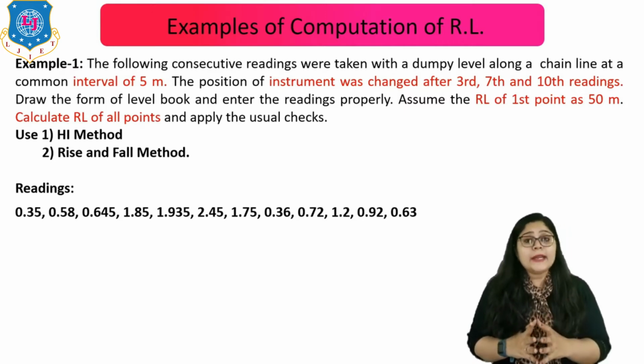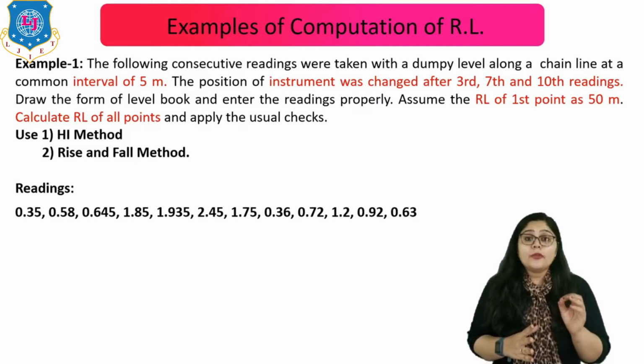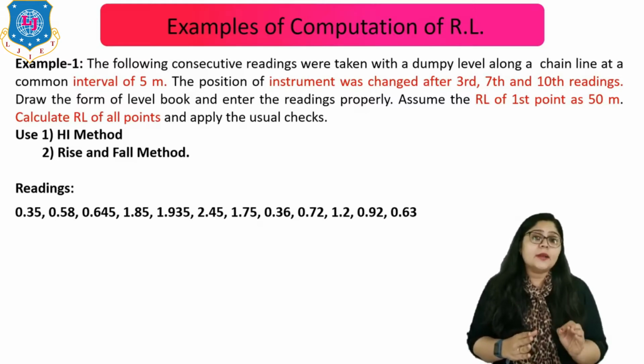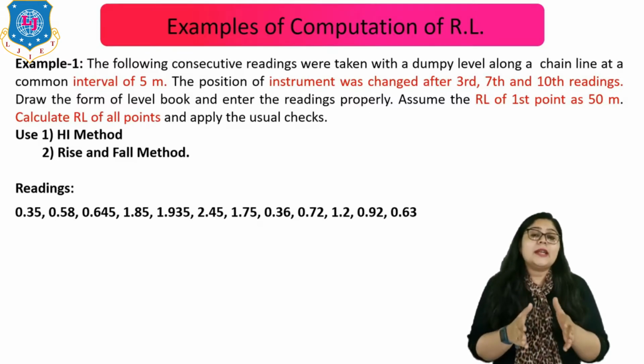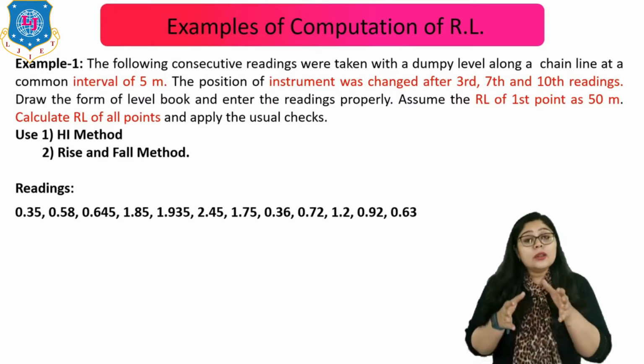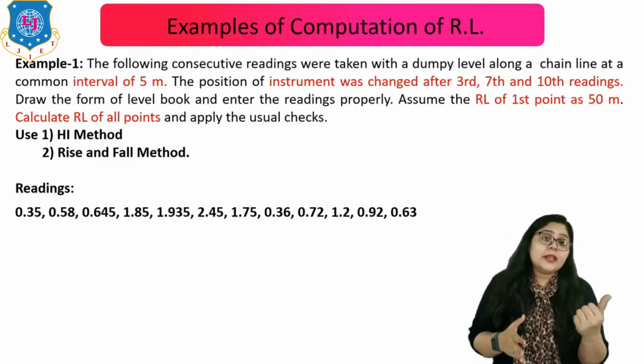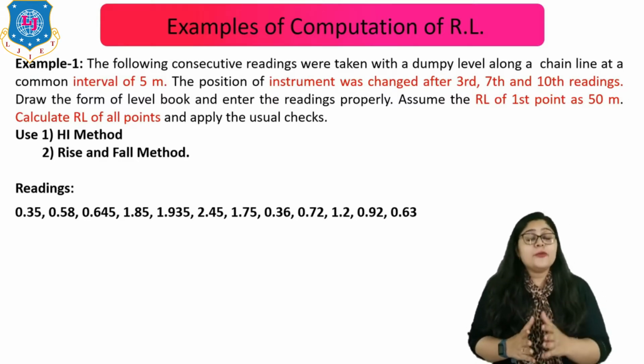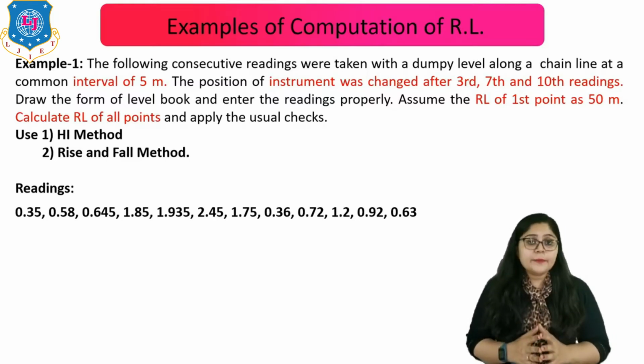Now if I want to identify what is BS, what is IS and what is FS, first you have to recall that on a particular setup your first reading is known as the BS. On that particular setup the last reading is always known as the FS, and whatever the intermediate points are known as the IS, right?